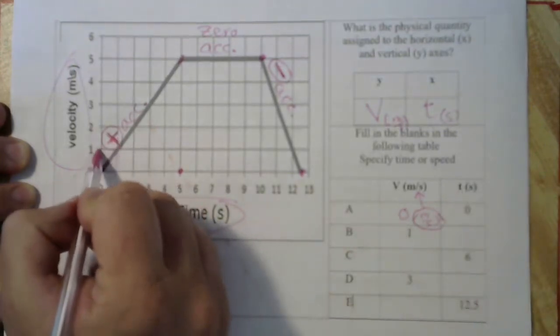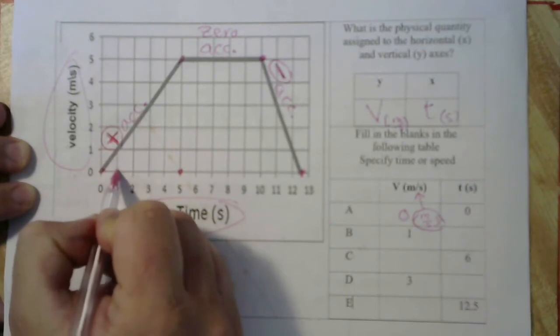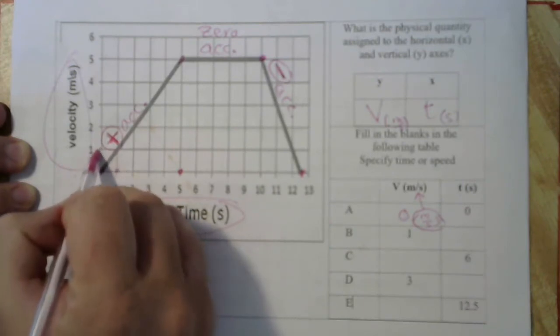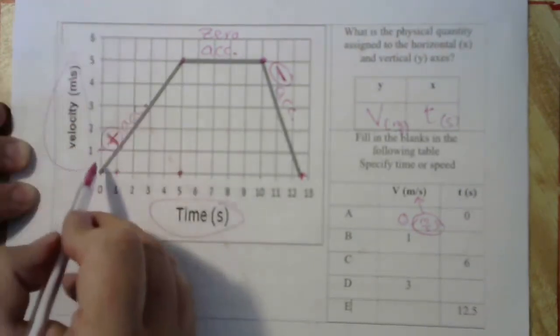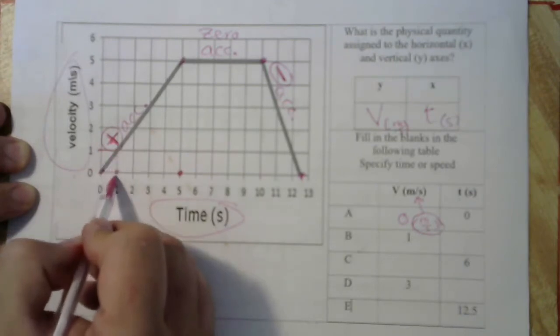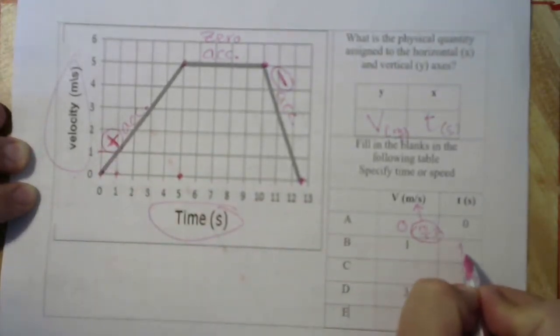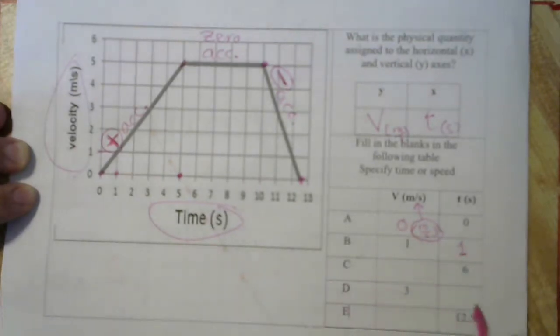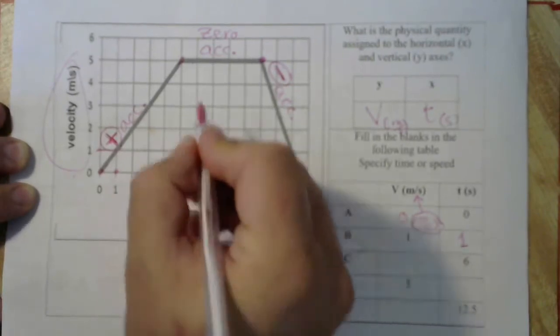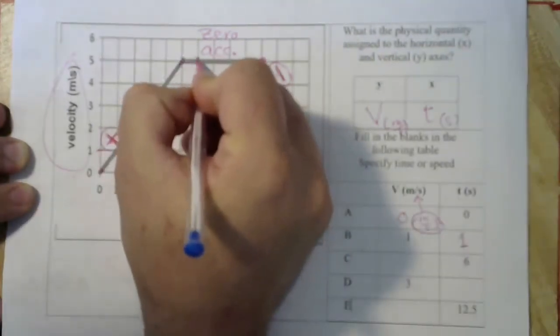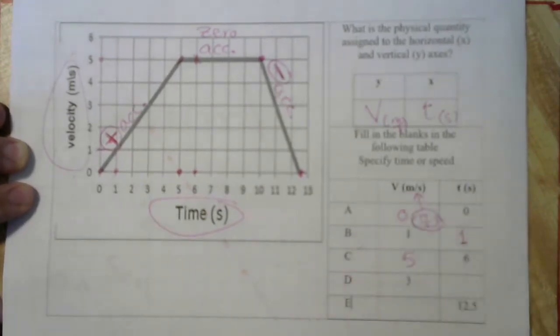This is 1 and this is the time. I come from the y-axis, which is the velocity, and get back to the x-axis, which is the time. The time was 1 second. How much is the velocity at t equals 6? This is t equals 6. How fast is the body? It is 5 meters per second.